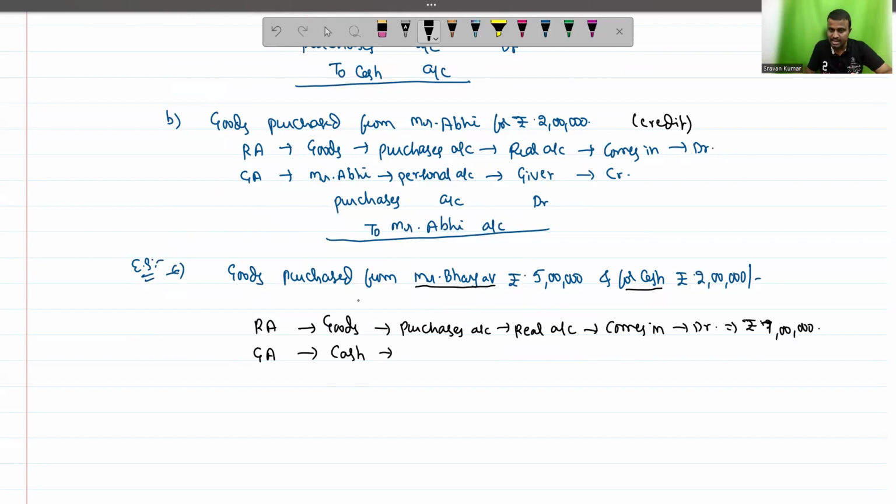Okay, first we analyze for cash. So cash is a real account, and as per the real account rule, what goes out is credited. But how much amount is there? 2 lakh. But coming to the remaining 5 lakhs, there is no giving aspect. There is a giver. Who is the giver?